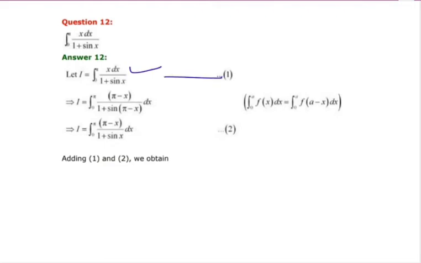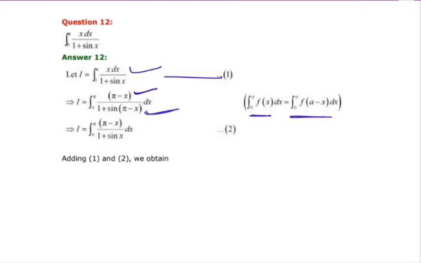Now let I equal 0 to pi, pi minus x upon 1 plus sin pi minus x. Integration 0 to a f of x dx equals 0 to a f of a minus x, that is property number 5. By using property number 5, we can write x as pi minus x, upon 1 plus sin pi minus x.